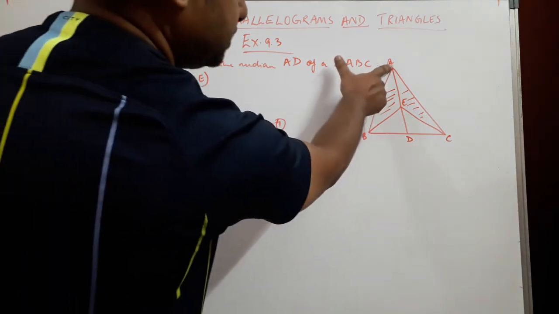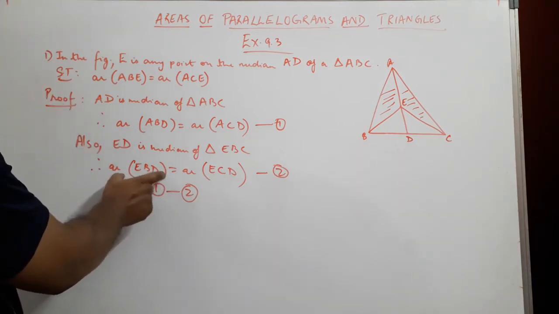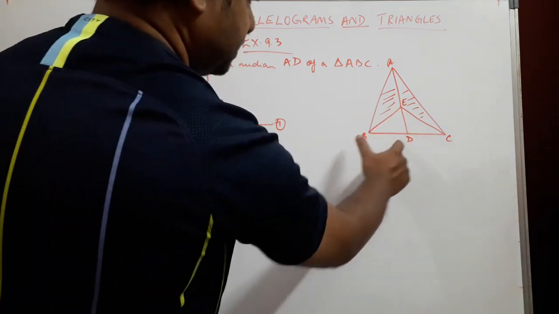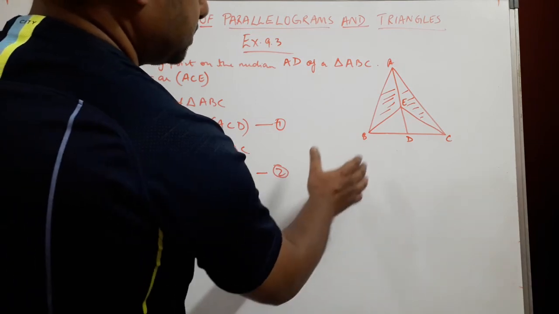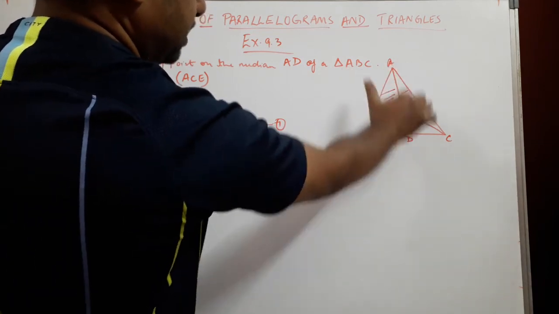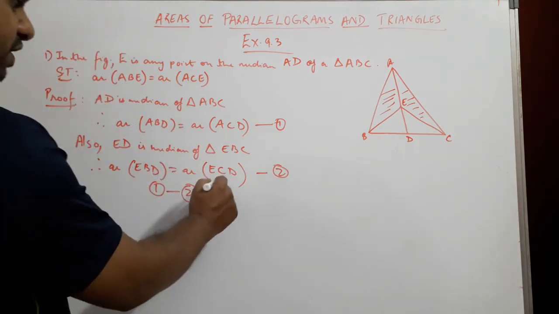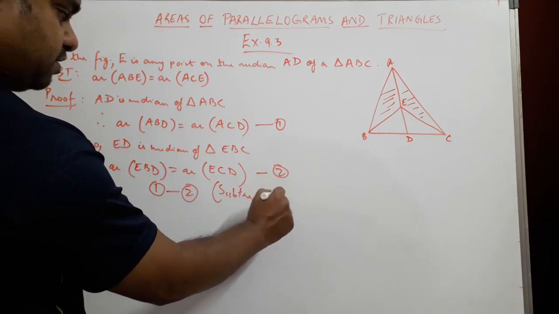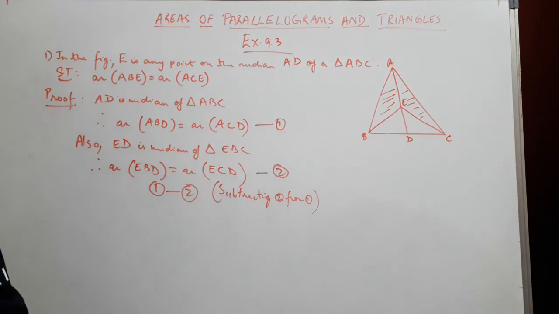And the left side of the second equation: area of triangle EBD. So we are trying to subtract this part from this entire bigger part.